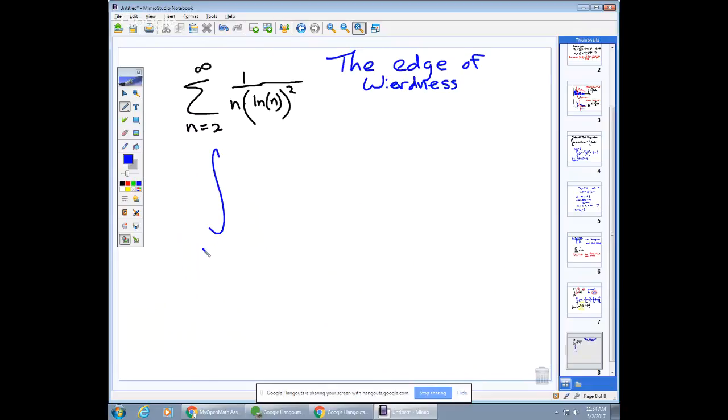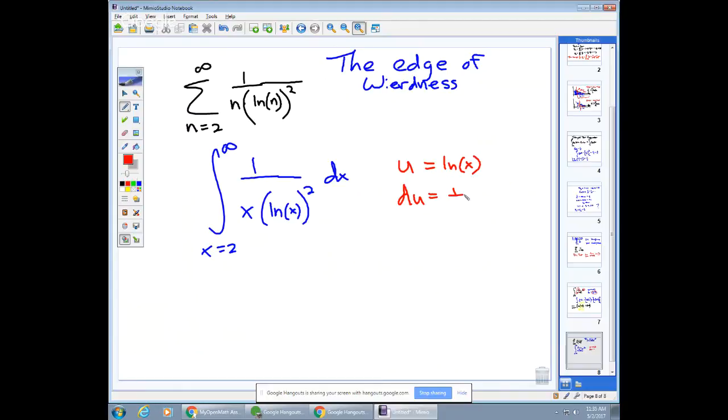We need to consider the integral as x goes from 2 to infinity of 1 over x times the natural log of x squared dx. And that u substitution went so well before, I think we should try it again. So I'm going to say, let u equal the natural log of x. And then du is equal to 1 over x dx.